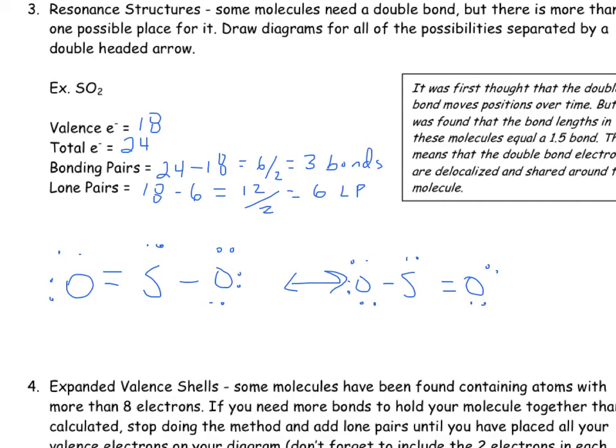So we call it a bond and a half. So how this works, it means that the double bond electrons are delocalized. They're actually shared around the whole molecule. They're not directly attached between two atoms.